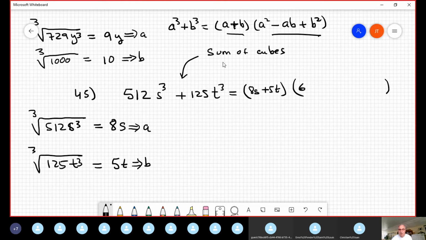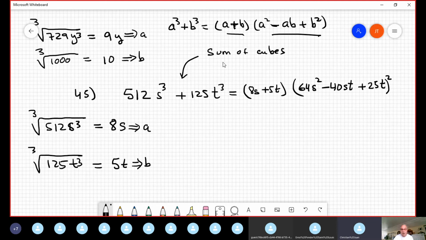The square is 64 S squared, minus, now it's minus, multiplication of both gets 40ST, the 8 times 5ST, plus the square of the second, which gets 25T squared. Final answer. Any question? No?